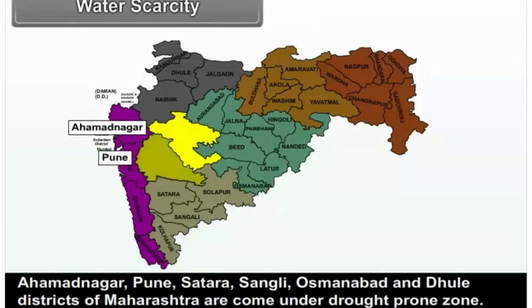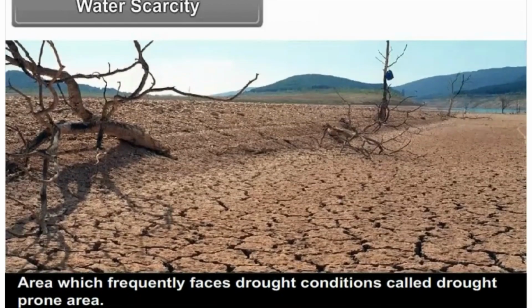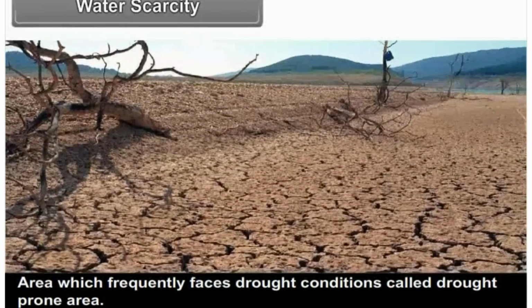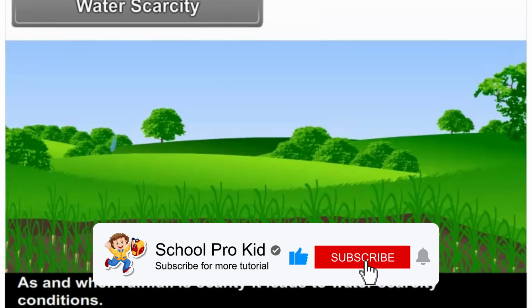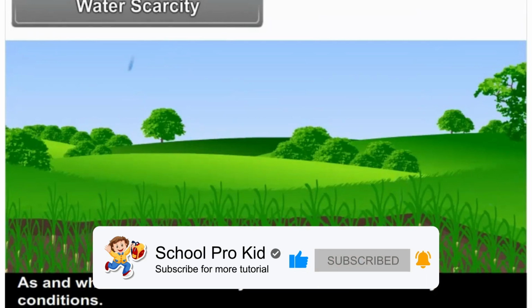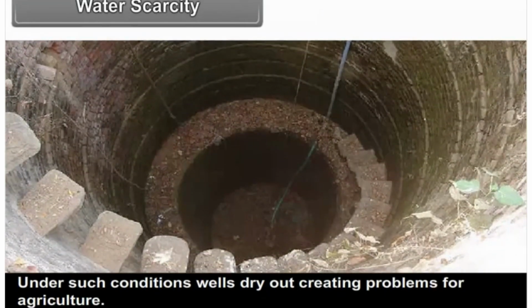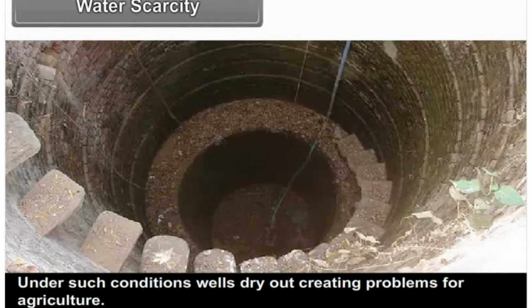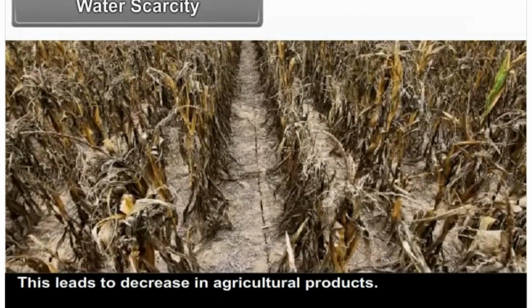Ahmednagar, Pune, Satara, Sangli, Osmanabad and Dhule districts of Maharashtra come under drought-prone zone. An area which frequently faces drought conditions is called a drought-prone area. As and when rainfall is scanty, it leads to water scarcity conditions. Under such conditions, wells dry out, creating problems for agriculture. This leads to a decrease in agricultural products.